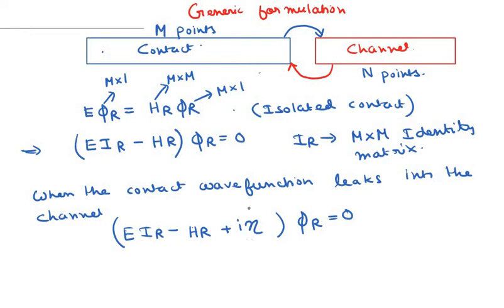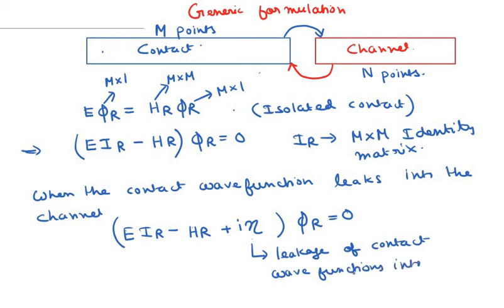Okay, so we have added here a small anti-Hermitian or non-Hermitian term. So this represents basically leakage of contact wave functions into the channel.